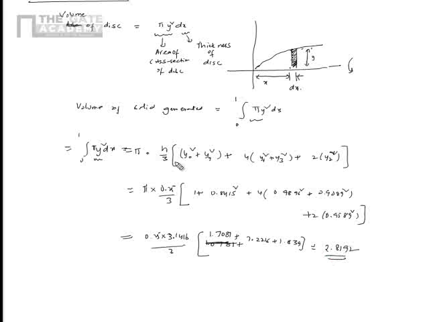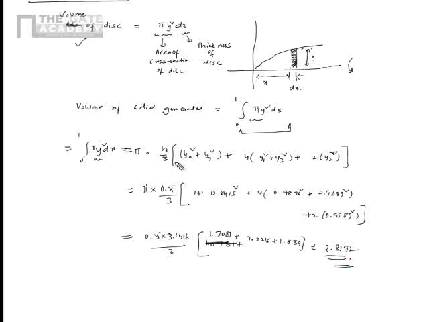So instead of areas, you can just find out the volume of the solid generated also, because it all boils down to evaluating the integral. Whether it's area or volume, it doesn't matter, you just evaluate a definite integral. So the approximated value of the volume of the solid is 2.8192 by this method.